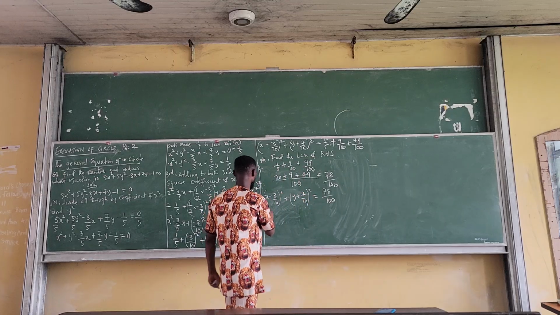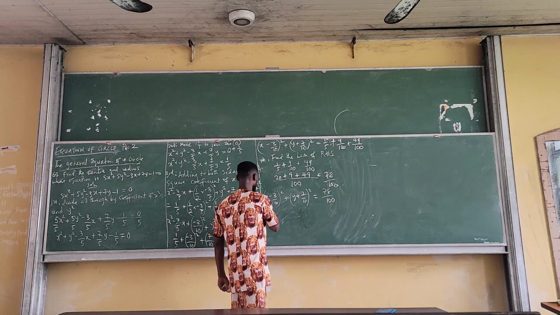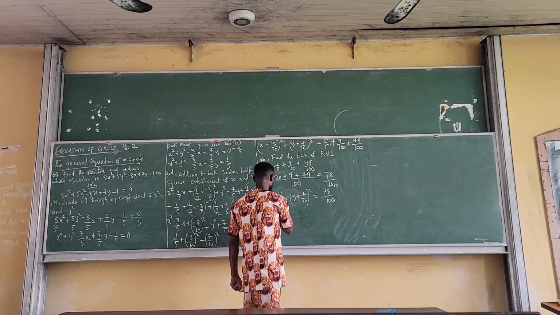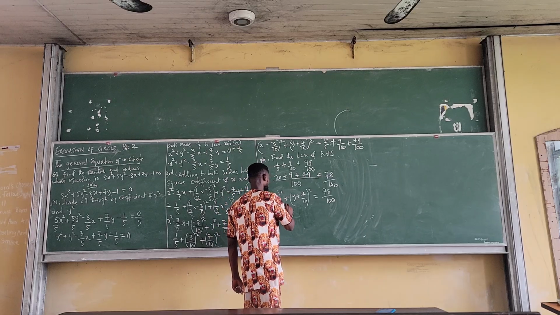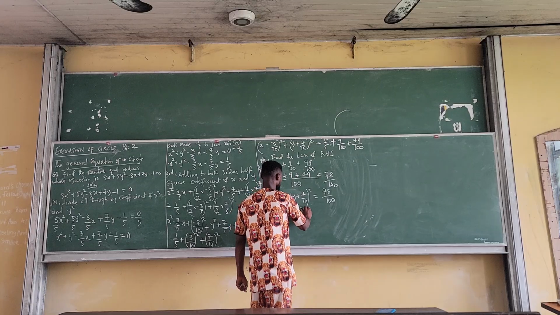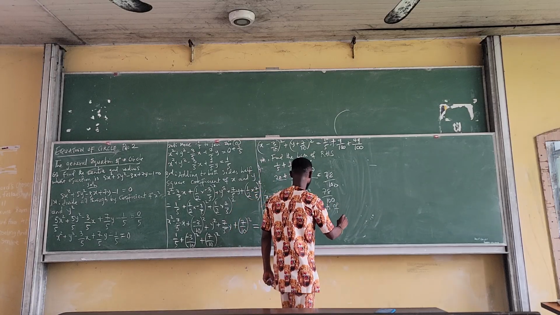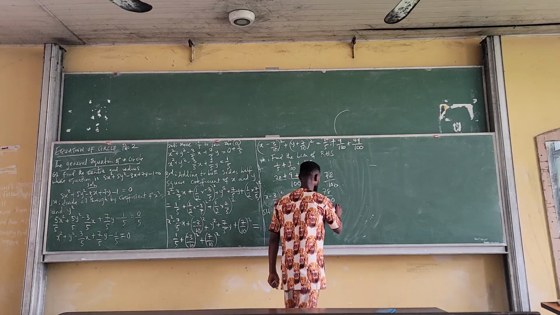So the fifth step is taking square root all through.